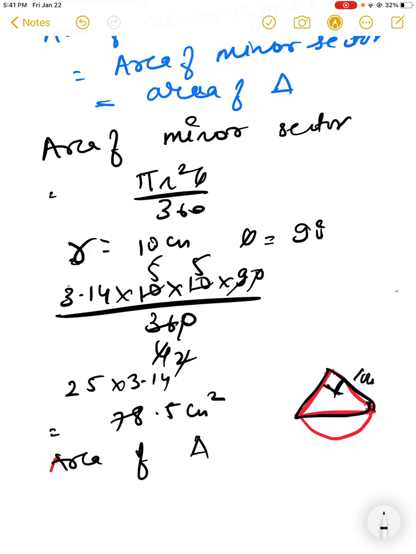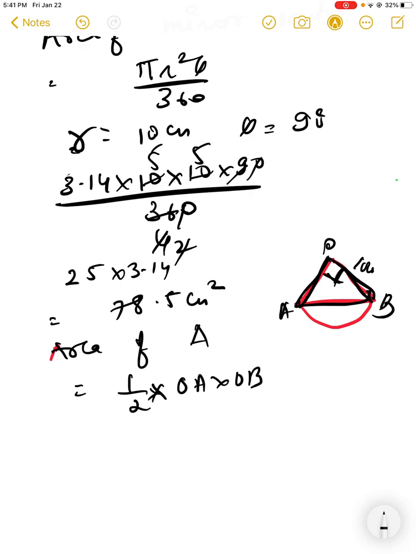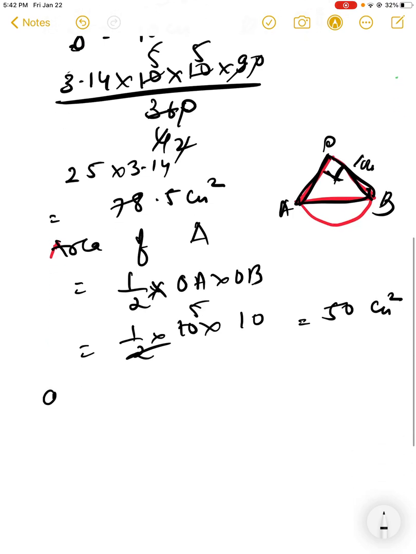Area of the triangle is equal to half into OA into OB, the sides containing the right angle. Half into 10 into 10, which is 50 centimeter square.